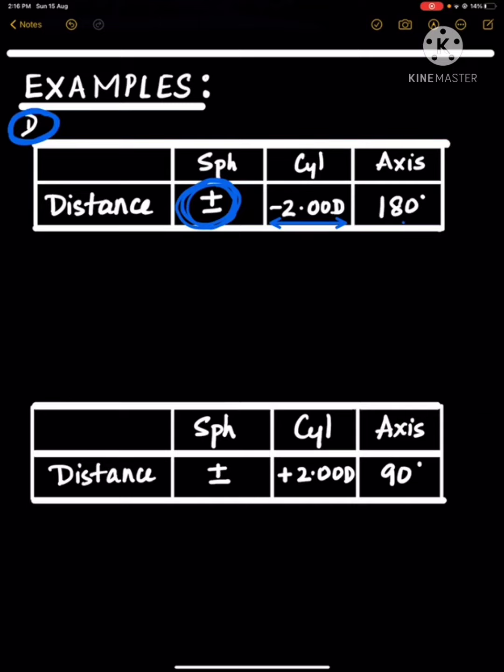When the sphere is 0, only the cylinder is acting, and that too in one meridian. The other meridian is focusing on the retina. That's what it means. So, when the sphere is 0, it is simple. Look at the sign of the cylinder. It is minus. Myopic astigmatism.